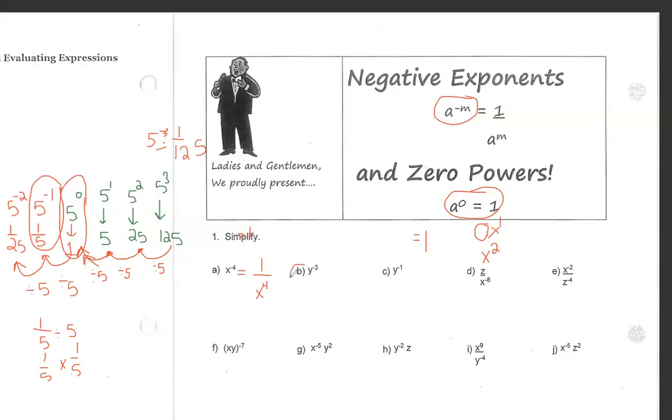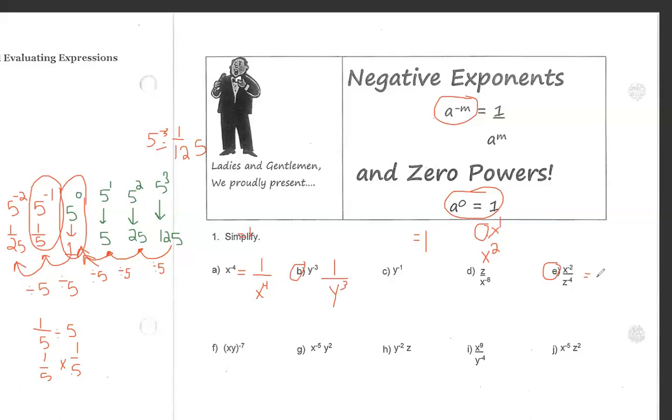So for B, flip it. So be 1/y to the positive third power. Just flip it, make it happy. Okay, what am I going to do with E? They're both negative. One's on the top, one's on the bottom. So the x to the negative 2 shouldn't be at the top. It needs to be at the bottom.